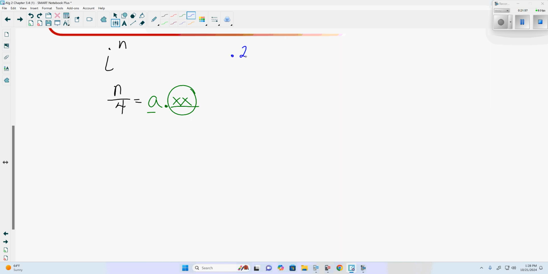Because if the decimal is 0.25, this power of i is going to reduce to i. If the decimal is 0.50, then it's going to reduce to negative 1. If the decimal is 0.75, it reduces to negative i. And if the decimal is 0.00, or there is no decimal, it reduces to 1. Questions on this here so far?